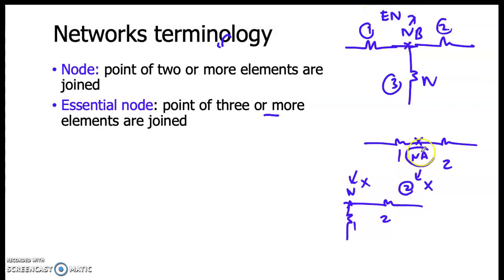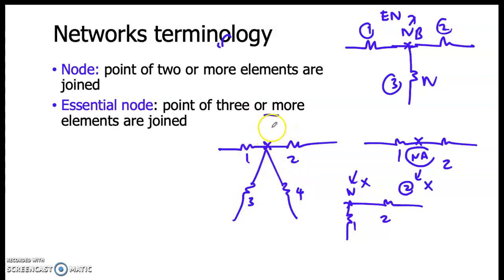So how are you going to make node A essential? You're going to extend. Let's say this is 1, 2, and then here you connect to 3, and then here you connect to 4. So it means it connects to 4 branches. So we can call this an essential node.